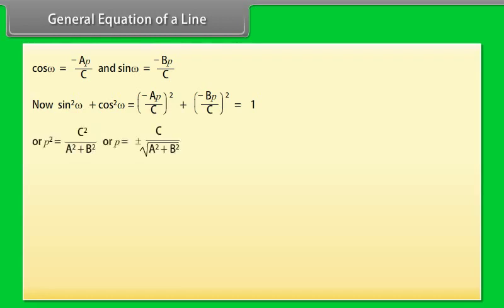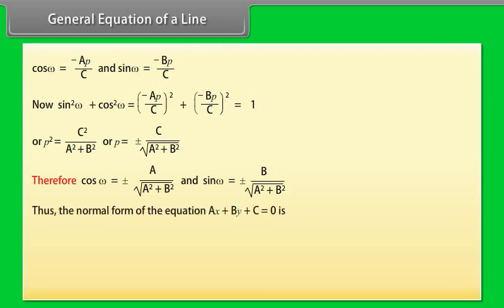Or p² = c²/(a² + b²), or p = ±c/√(a² + b²). Therefore, cos omega = ±a/√(a² + b²), and sin omega = ±b/√(a² + b²).